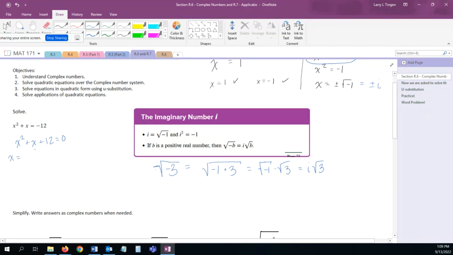The quadratic formula says x is equal to the opposite of b plus or minus the square root of b squared minus 4 times a times c, all divided by 2 times a. And what am I going to run into? I'm going to get 1 minus 4 times 1 times 12, which is 48.